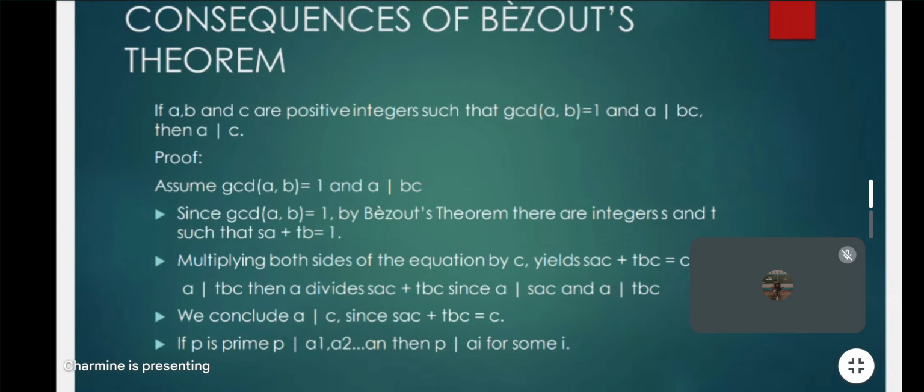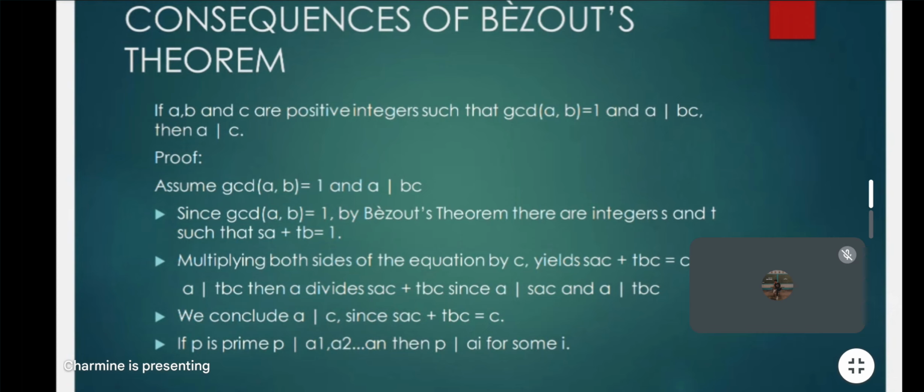Consequences of Bezout's theorem. If A, B, and C are positive integers such that the greatest common divisor of A and B equals 1 and A divides BC, then A divides C. So this is the proof. Assume the greatest common divisor of A and B equals 1 and A divides BC. Since GCD of A and B equals 1, by Bezout's theorem there are integers S and T such that SA plus TB equals 1.